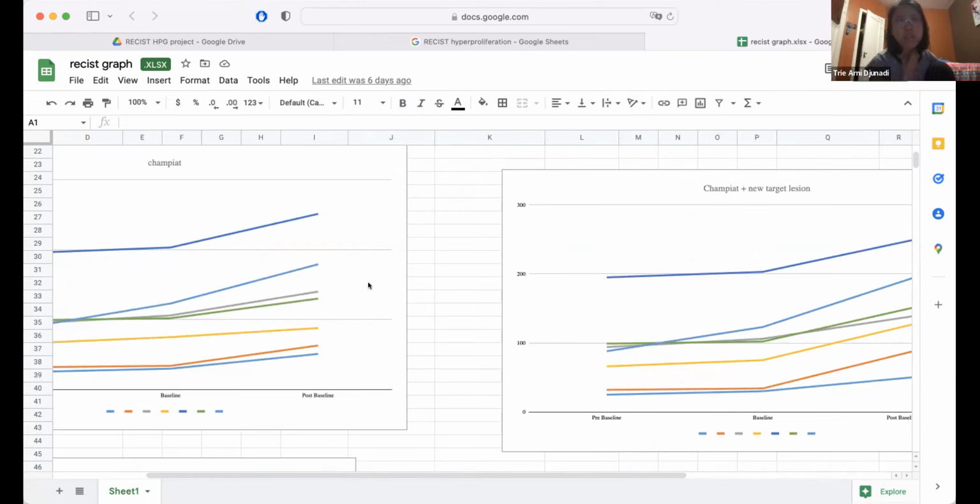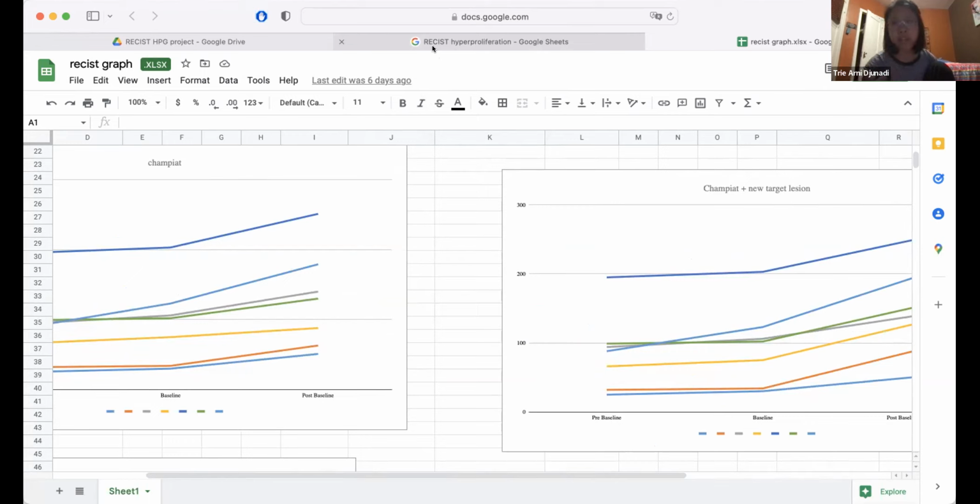Right. So yeah, at the end we decided to count 141 patients for our pool, our sample. The ones that have the new lesion, we will add on.